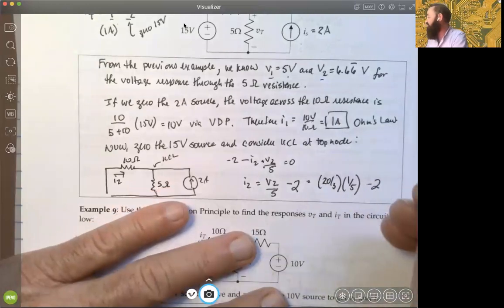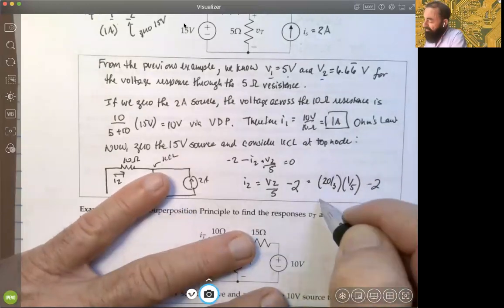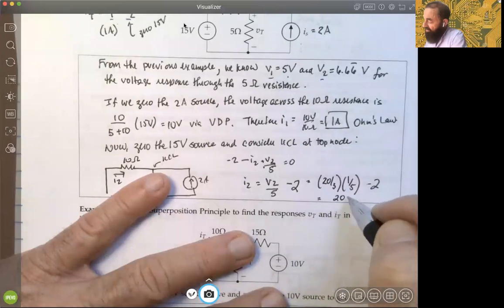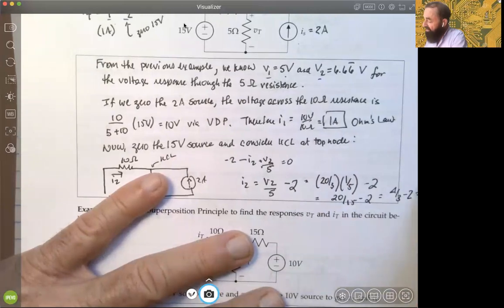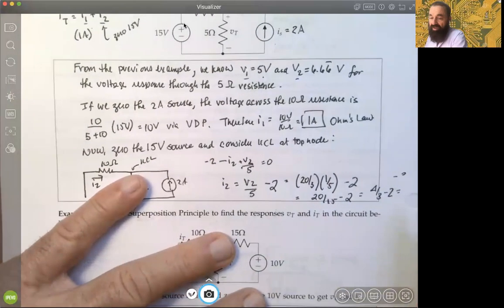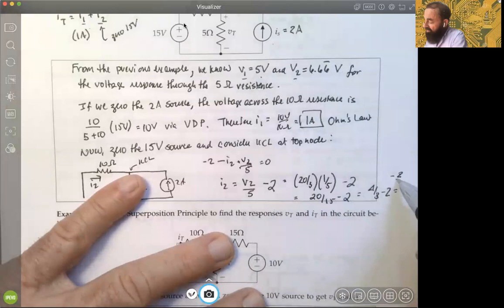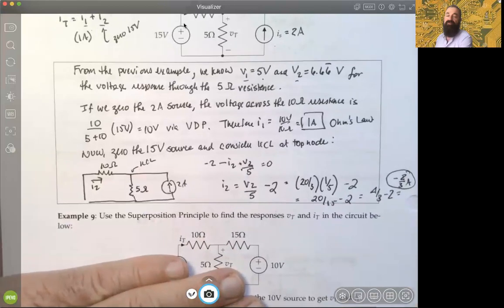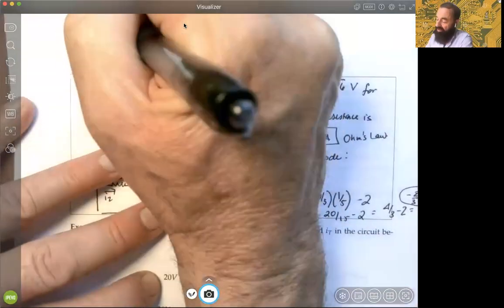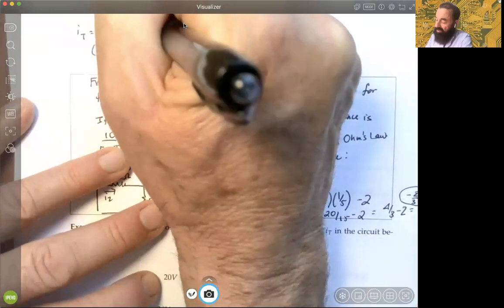So that's 20 over 15 minus 2, which is the same as 4/3 minus 2. So we would get negative 2/3 amps. All right, so this term right here is negative 2/3 amps.